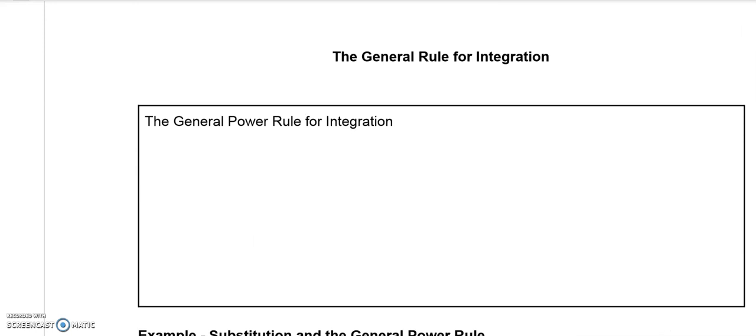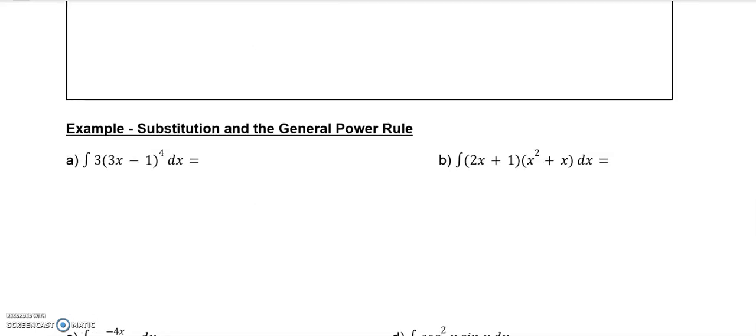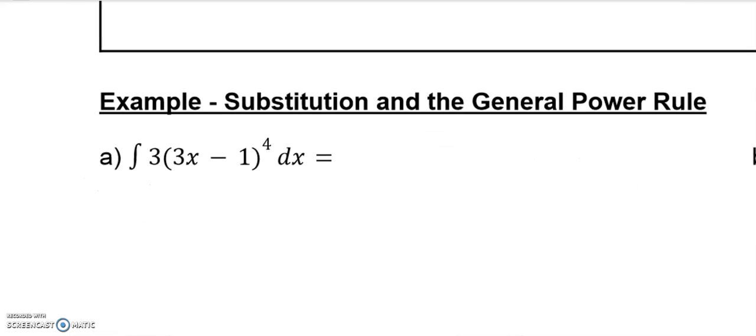We've been using them in several of the examples. And the general power rule is something very similar to what we've done, but it's just kind of a shortcut. I'm not a big fan of just using shortcuts, but understanding them well enough that you can develop the shortcut on your own. And so, for example, down here, I'll go over one of these and what I mean.